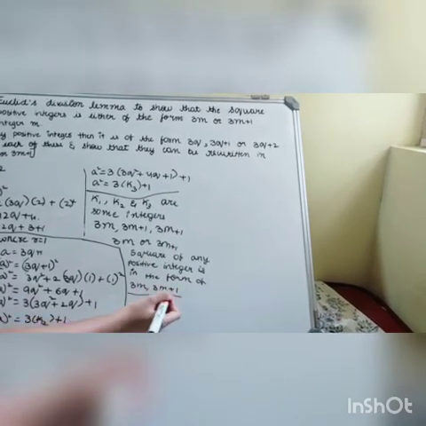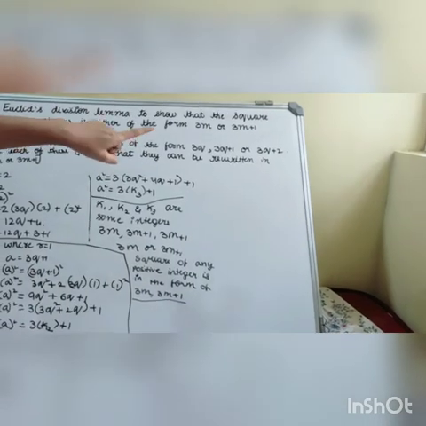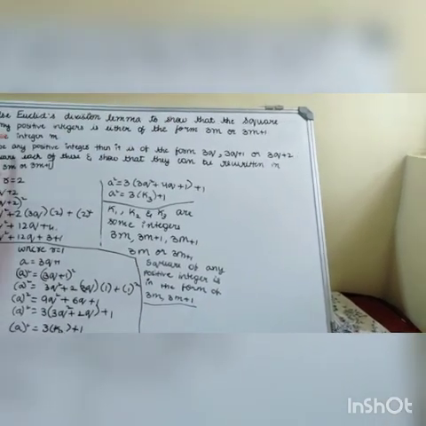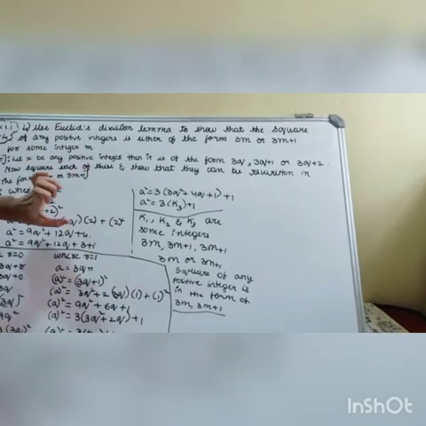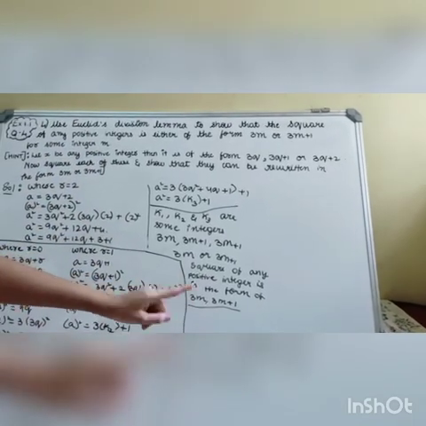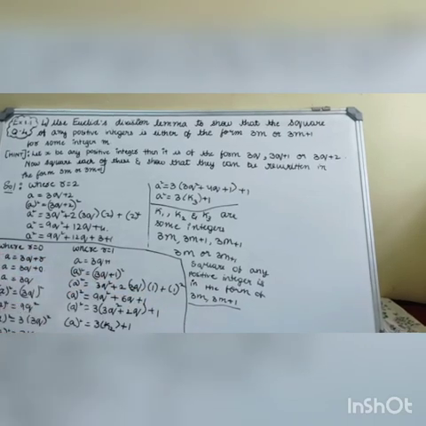Now this is our final answer. We had to prove that the square of these numbers is in the form 3m or 3m plus 1, and hence it is proved.